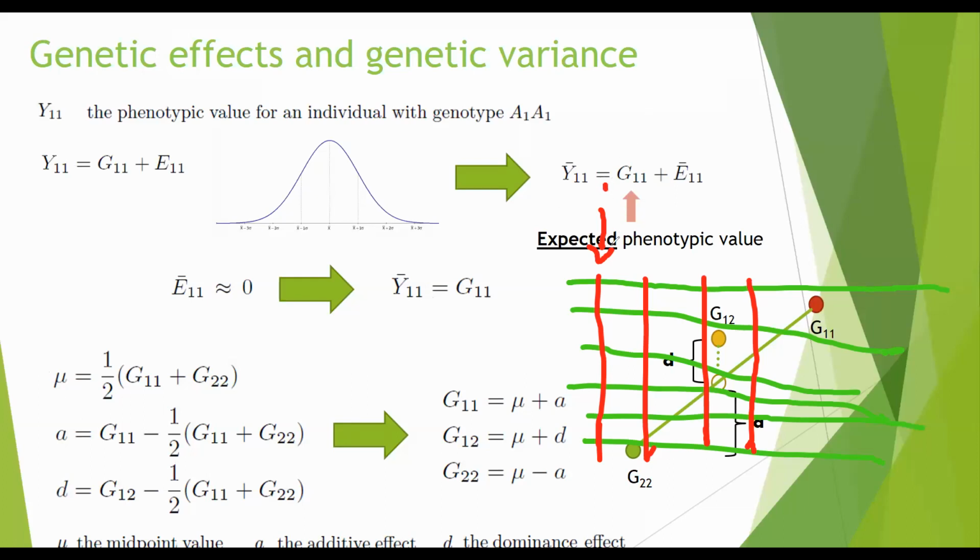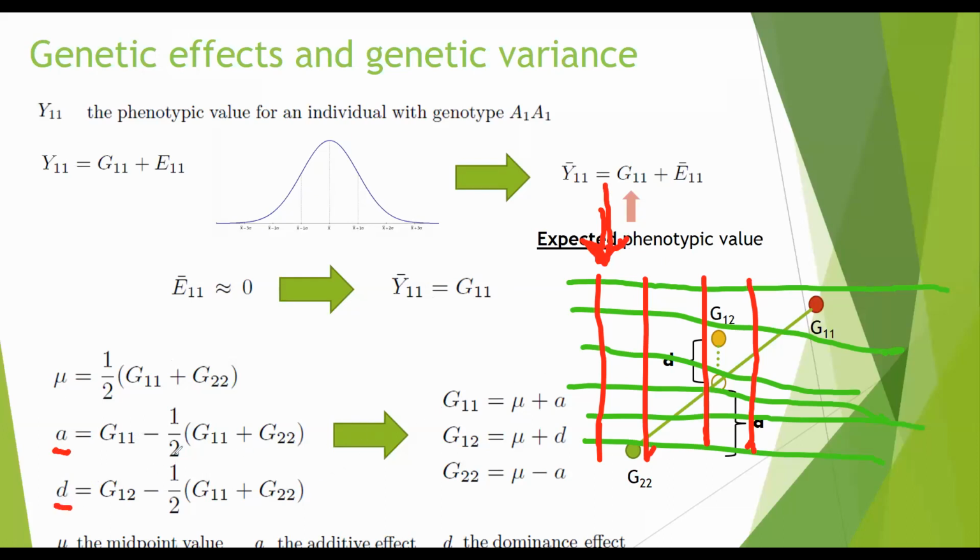For example, if we want to test if this locus is significantly associated with the trait of interest, then some genotypes will have additive effects, and some genotypes will have both additive and dominance effects.